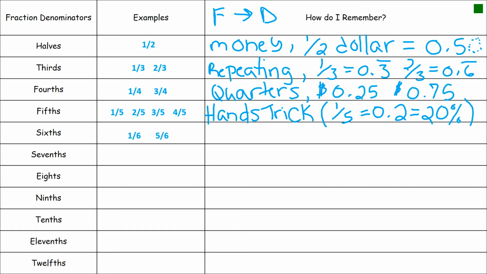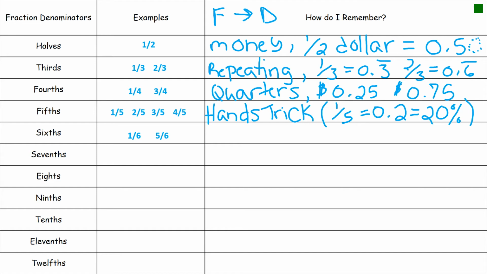For sixths, we're only going to have two different fractions for this, 1/6 and 5/6, because all of the other ones can be simplified. 2/6 simplifies to a third, so then I use a trick for thirds. 3/6 simplifies to a half, so I use the trick for 1/2. 4/6 simplifies to 2/3, so I'm using the trick for thirds.